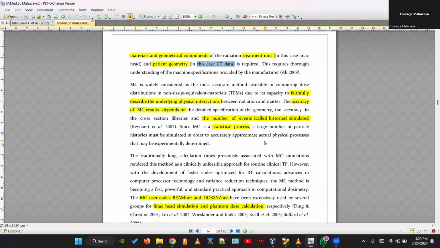So you have to make sure that when you are doing your simulation, in order to keep your statistical uncertainty as low as possible, you must increase this number of particles or histories so that you don't underestimate or overestimate your dose.